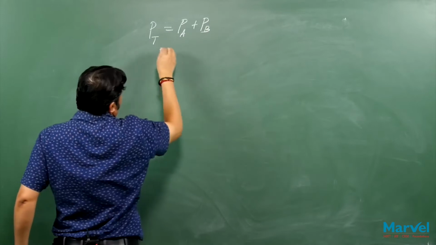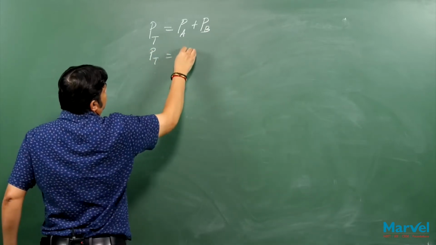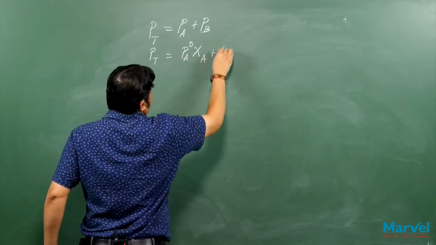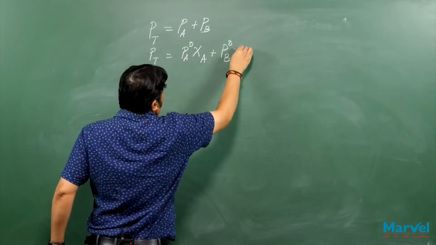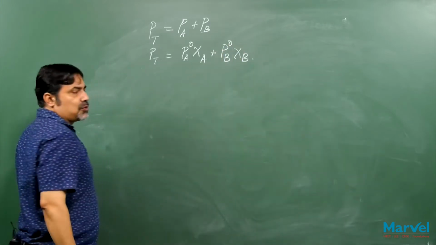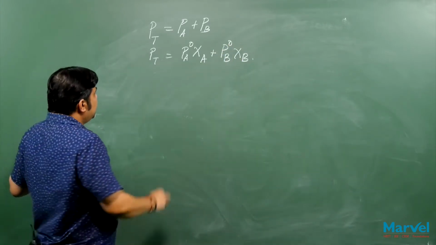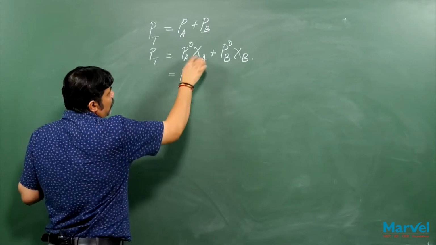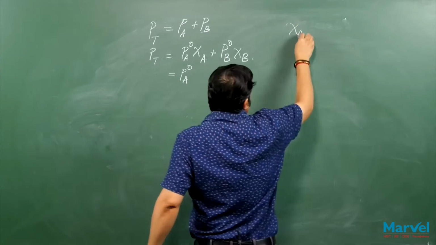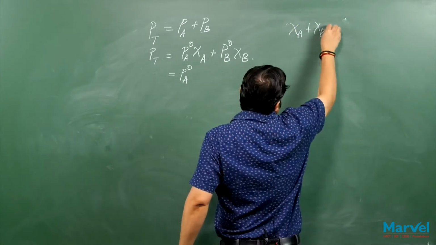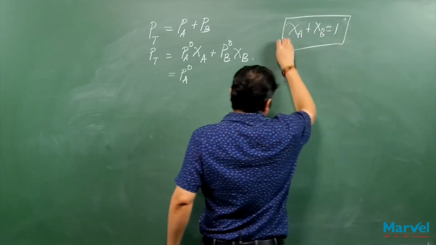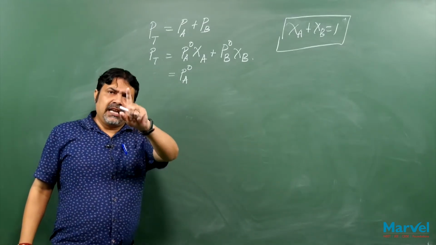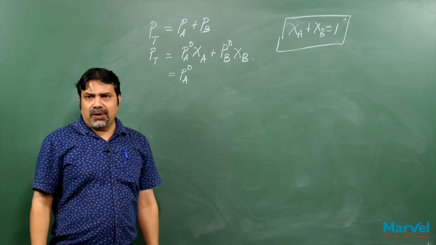PT will be equal to PA naught into mole fraction of A plus PB naught into mole fraction of B. Mole fraction of A plus mole fraction of B will be equal to 1, as there are two components. If you add up both mole fractions, the total will be 1, clear?